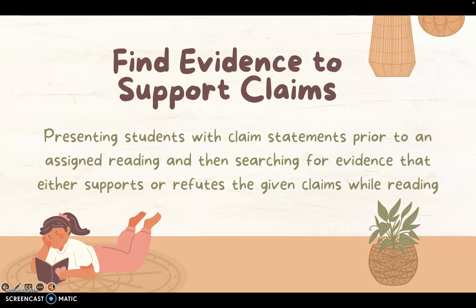Students frequently find it very helpful as a reflection, after they have read and found their evidence for these claims, to have a discussion with a classmate or with the group on why they chose the answers that they chose, and then the evidence they found to support those claims.